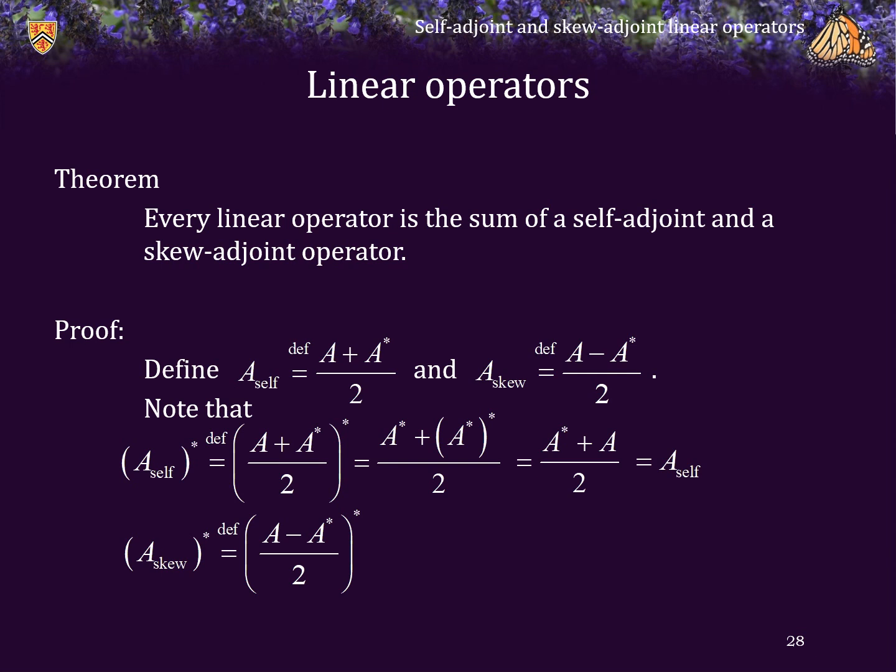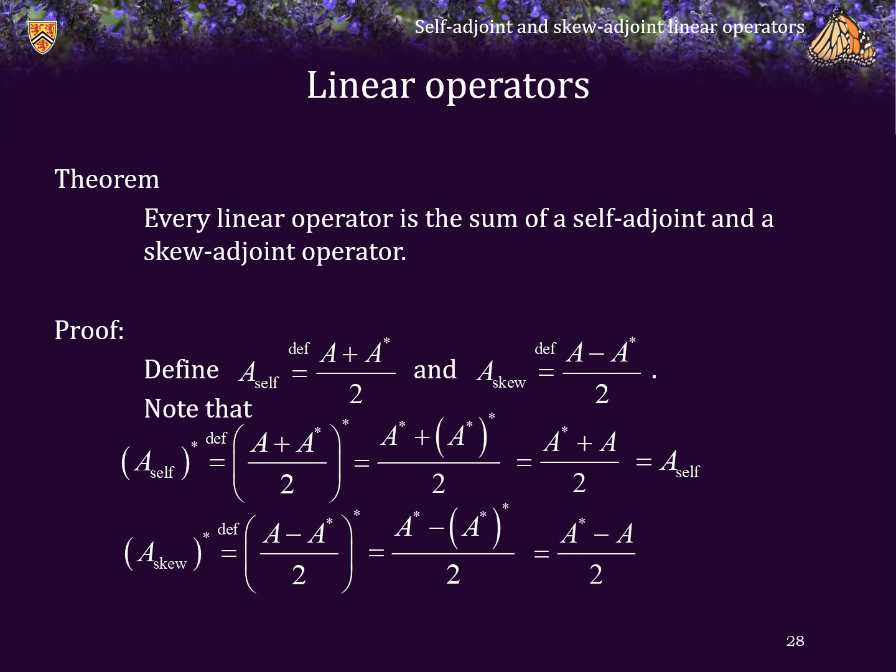If I take the adjoint of the skew-adjoint component, again, this is the adjoint of a sum of adjoints. Basically, it's a linear combination of operators. So bringing that in, we get that expression here. Once again, the adjoint of the adjoint is the linear operator itself.